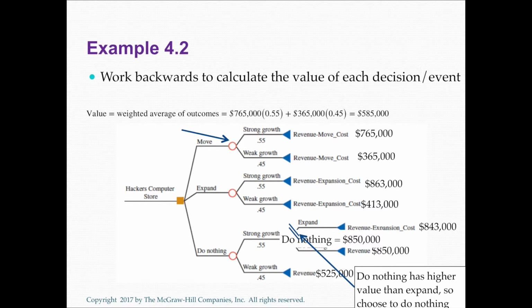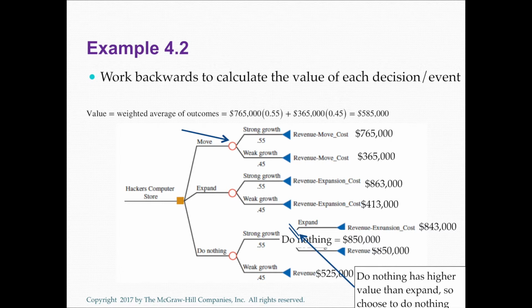That is 765,000 times 55% chance of strong growth plus 365,000 times 45% chance of weak growth equals 585,000, which is smaller than the do nothing option.